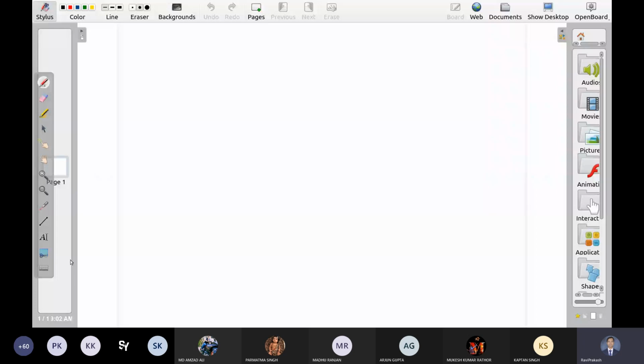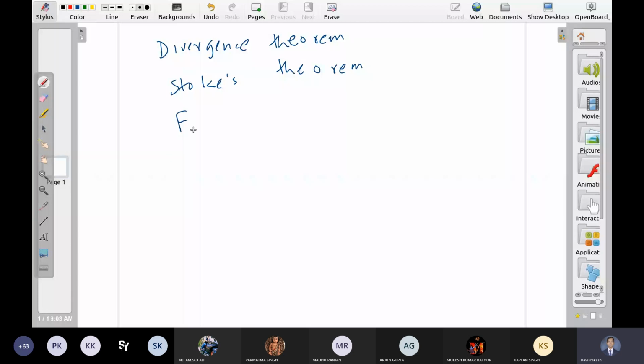So in the last class, we discussed the divergence theorem, Stokes theorem, and there is one more theorem which is called fundamental. Let me see if it has any name.